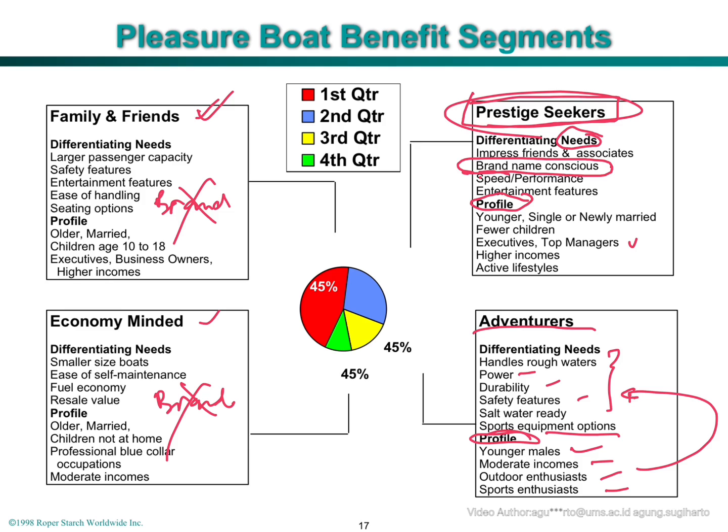Okay, there is this example of segmentation in a company that produces pressure food. They have to fight for classification of their customer groups, and they classified them as family and friend, economic minded, prestige seeker, and adventurer.